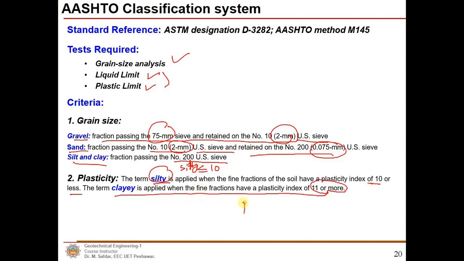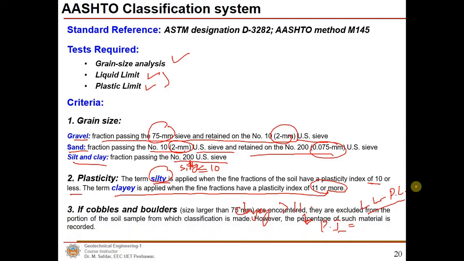Silty, and if we are having clay soil, that will be having greater than 11 plasticity index. And we discussed the plasticity index in our consistency states: this is liquid limit minus plastic limit.